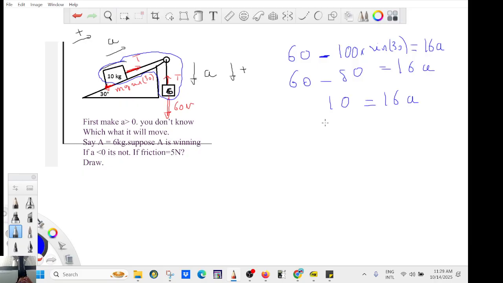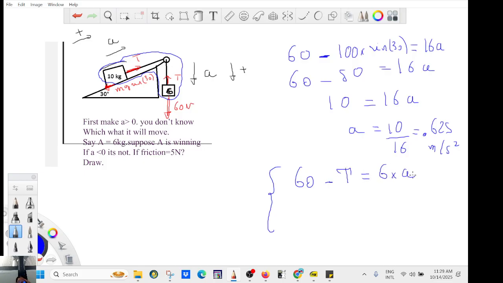Why do I get 0.62? Oh, you're right. So 10 over 16 is 0.625, right? Okay. Now, if this is hard, you're going to take this system here and you're going to say 60 minus the loser equals inertia times acceleration.